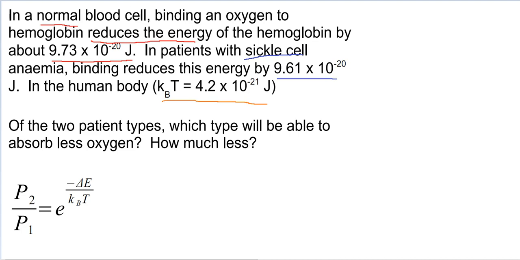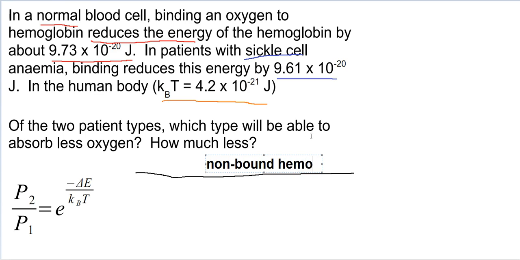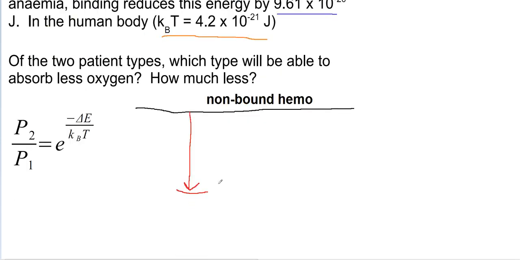Now, when you're dealing with this, you have to actually look at where your energy is measured from. So basically, at the start, you have some energy level, which is non-bound hemoglobin. And what you're told here is when you are dealing with normal cells, or the standard cells, binding an oxygen molecule here brings this energy down by a particular amount.